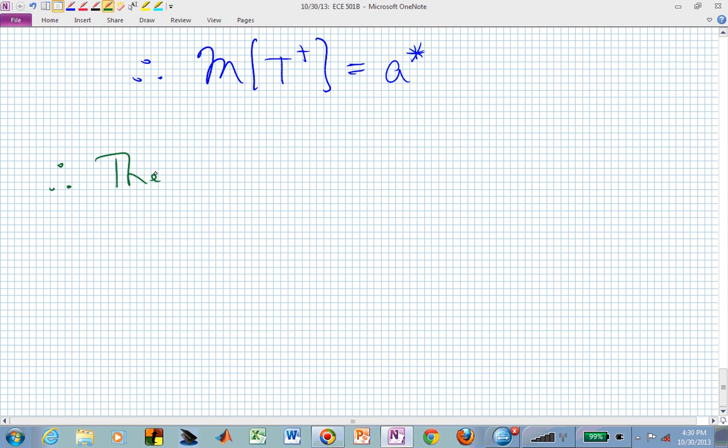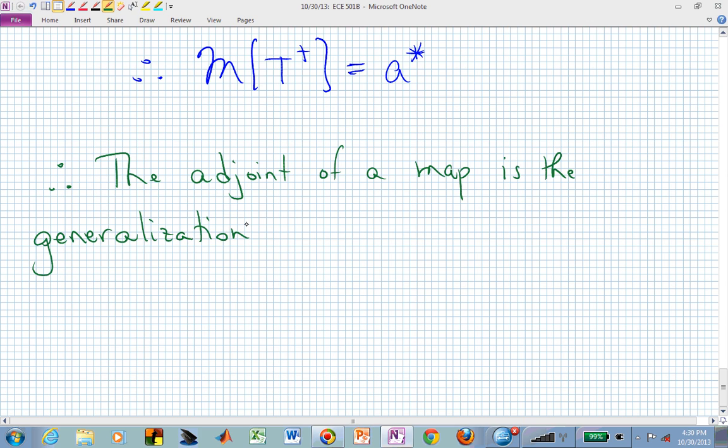Therefore, the adjoint of a map is the generalization of the complex conjugate of a complex number.